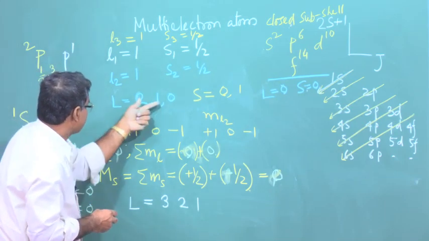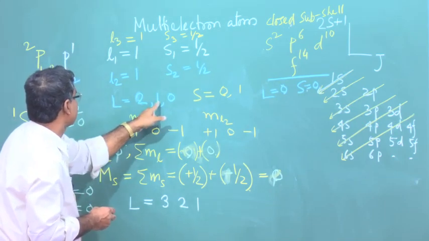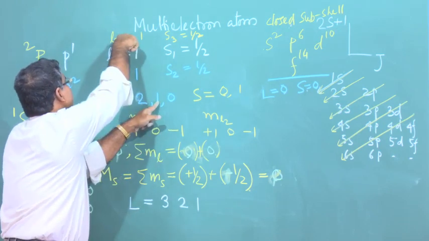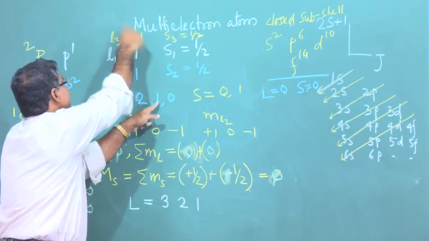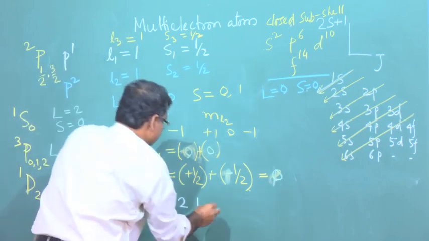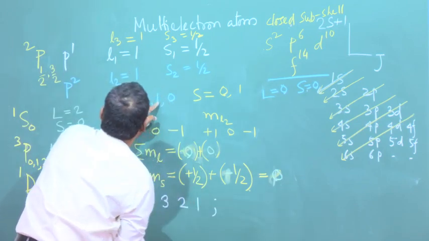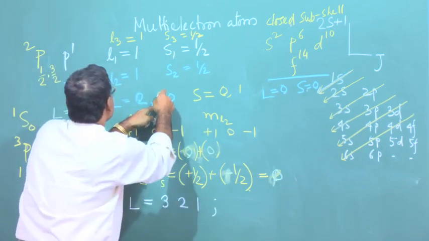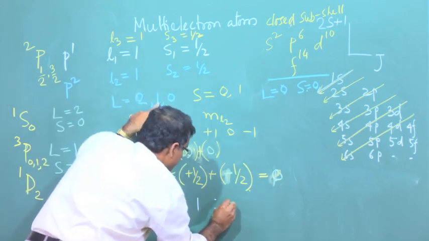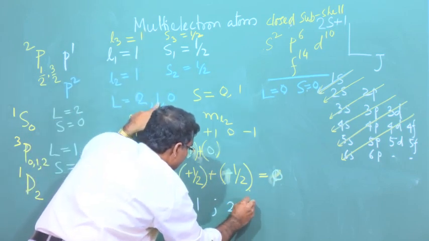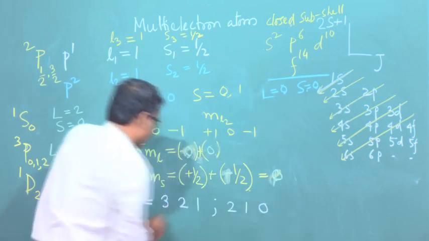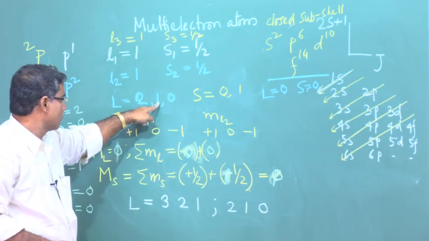Then for L equal to 1, if I add L3, I will get 2, 1, 0.